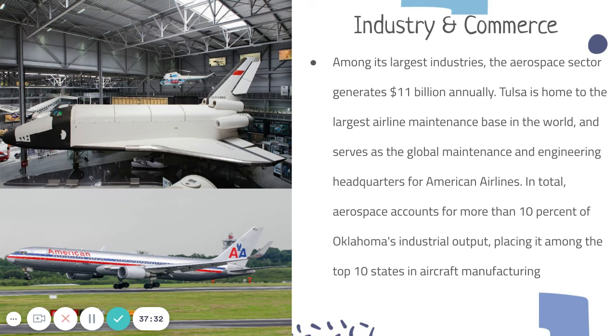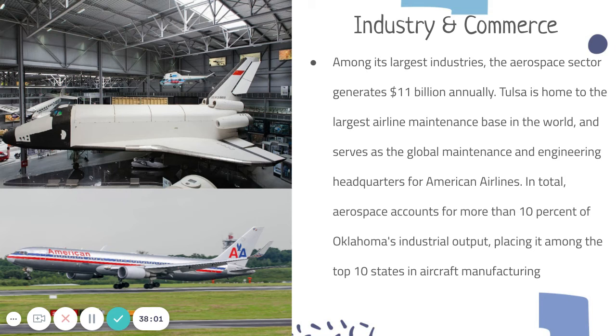We also see that Tulsa is home to the largest airline maintenance base in the world. Wait, what? I know. Who would have thought Tulsa, Oklahoma, in the middle of the United States, has the largest airline maintenance base in the world?